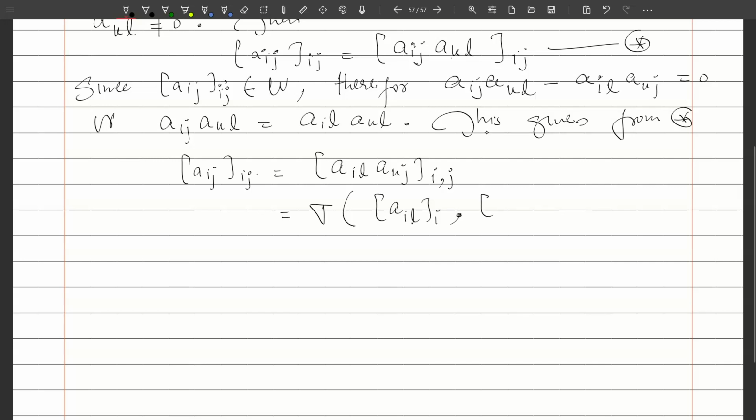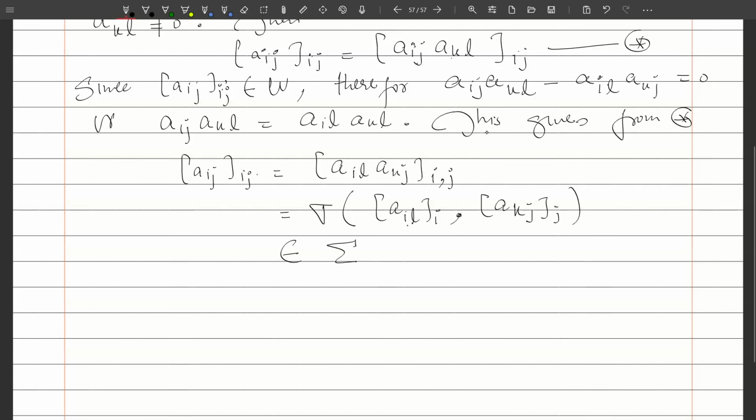Similarly, this is a point in Pm. So this ordered pair is a point in Pn cross Pm. So sigma of this point will lie inside the image of this set, which is sigma. So this is inside the big sigma.